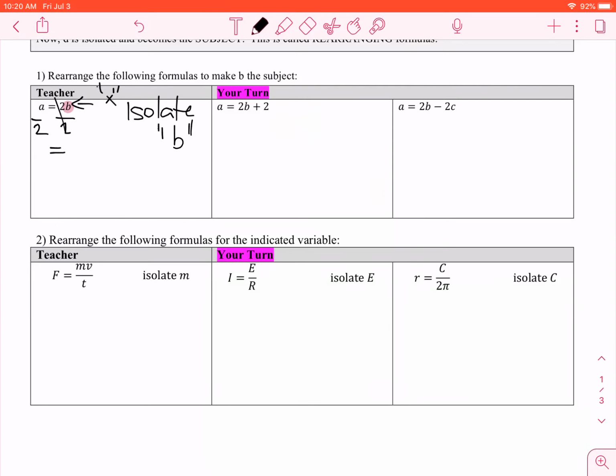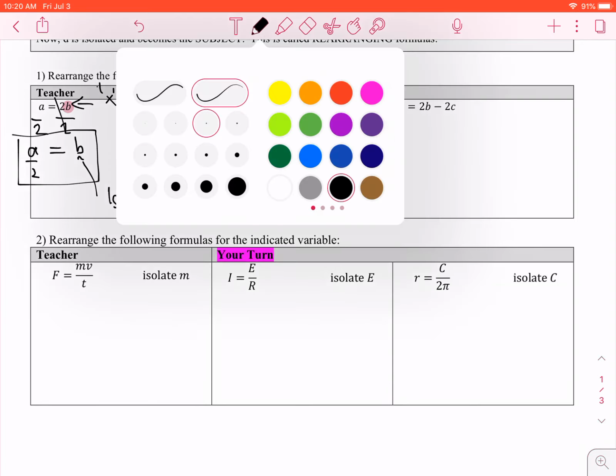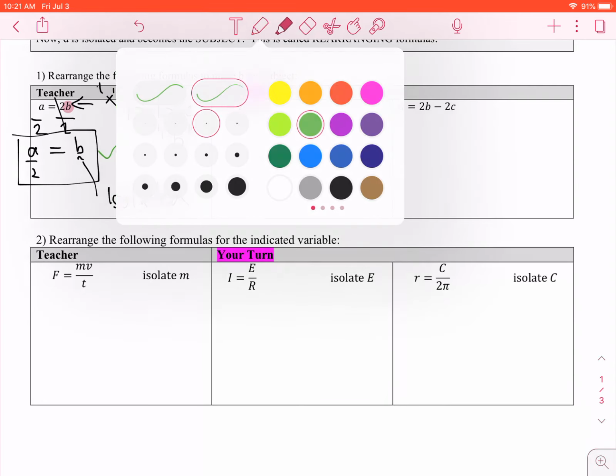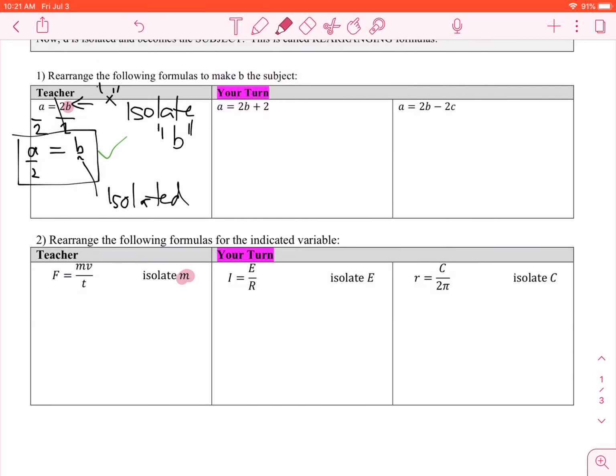So I want to isolate b. Because I can't figure out what a over 2 is, because we're dealing with variables, I'm just going to leave it, because once b is already isolated, you've done your job. This is done. So b is equal to a over 2. Okay, I've highlighted in pink the ones that you will try. And I'll continue to go through some of these teacher examples.